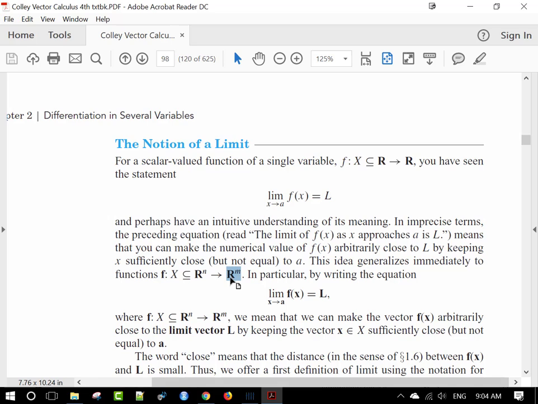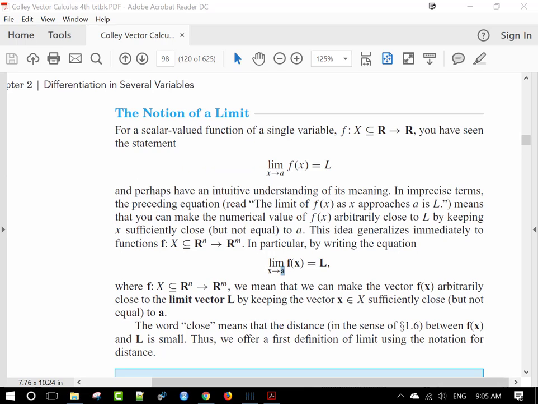So we can get as close to a vector L in that space as we want by choosing our vector x, the input, to be arbitrarily close to a. In that case, we write that the limit of f as x approaches a is equal to L, and these are all bold. They talk about the limit vector L, since L is a vector.